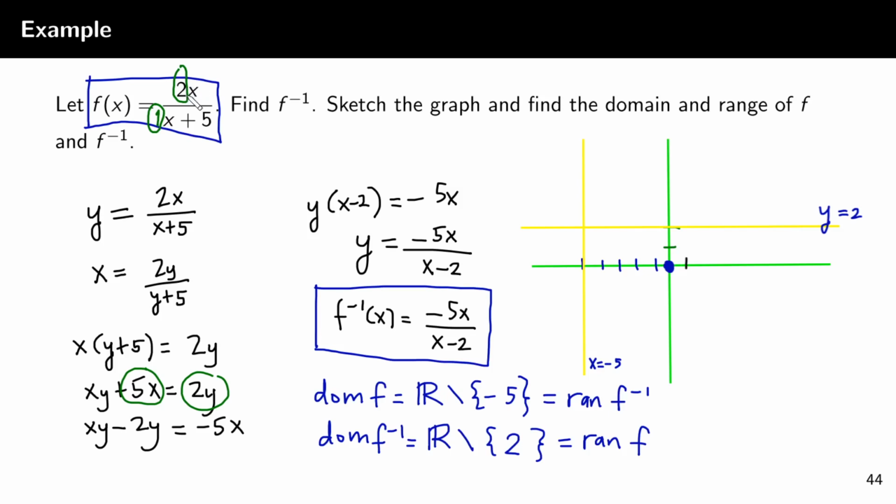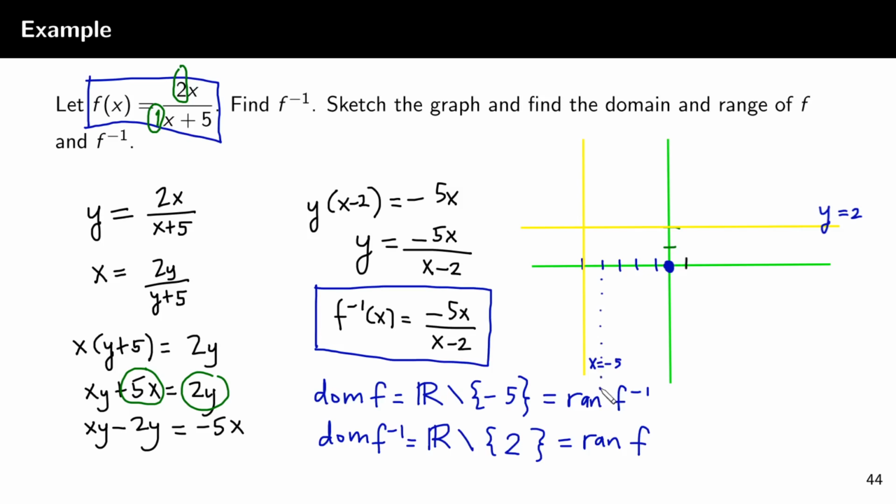If x is equal to -4, we have 2 times -4, which is -8, divided by -4 plus 5, which is 1. It's actually a good value. So, if x is equal to -4, f of x is equal to -8. So, -4, -8. So, 1, 2, 3, 4, 5, 6.